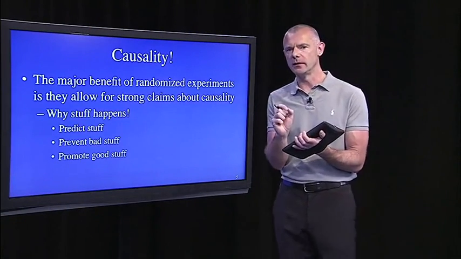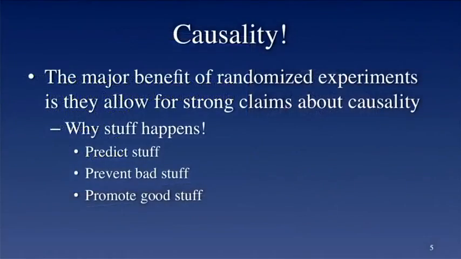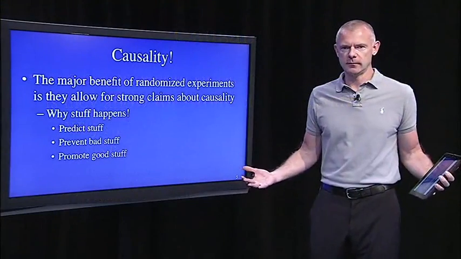The major benefit of randomized experiments is they allow us to make strong claims or strong arguments about causal mechanisms. My whimsical phrase for this in my lectures at Princeton is they allow us to say something about why stuff happens.